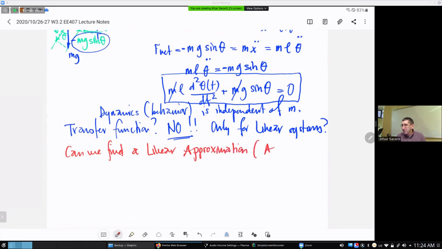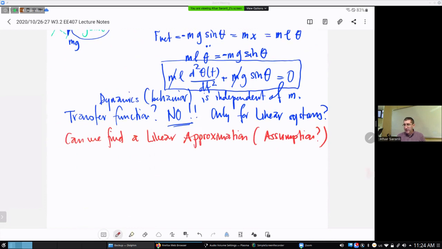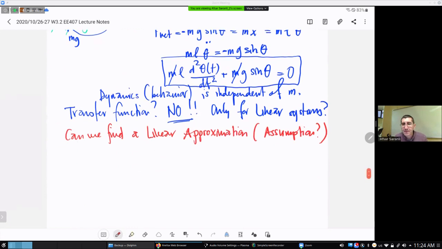And what is the assumption that we can use for that? Any ideas? For small values of theta, sine theta is equal to theta. Okay, very good. For very small theta, sine theta is in fact approximately equal to theta. Why?